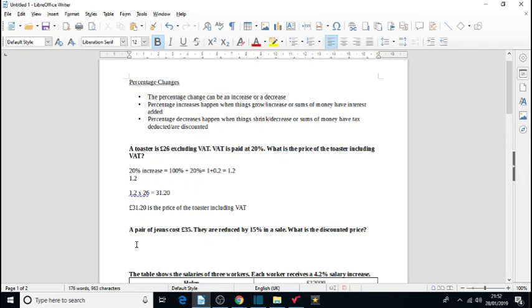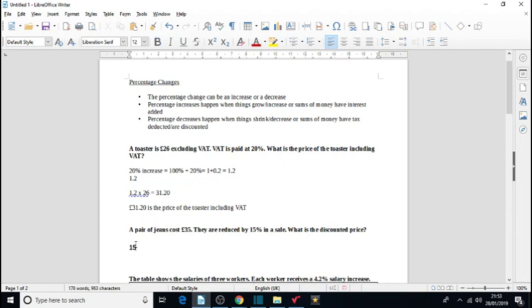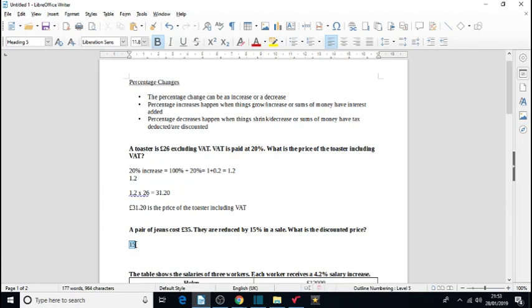A pair of jeans cost £35. They are reduced by 50% in the sale. What is the discounted price? So because it's been reduced and discounted, therefore it's a percentage decrease. So what are we going to do? We're going to write it out. 15% decrease.